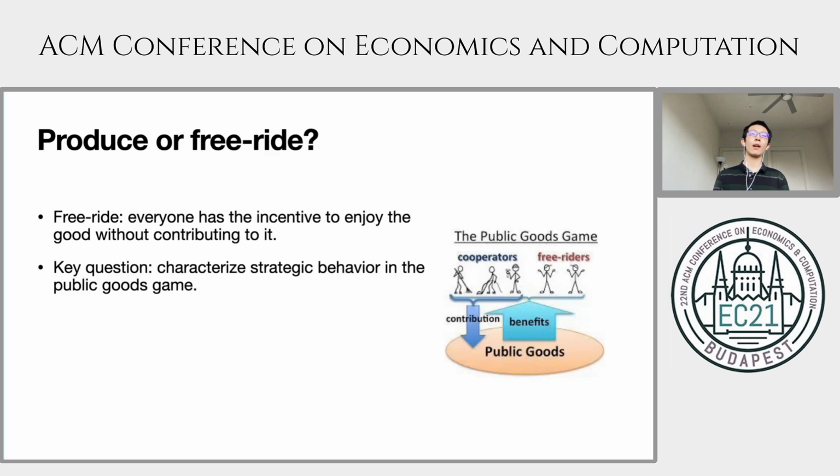Due to the non-excludable property, everyone has the incentive to free ride. That is, everyone wants to enjoy the good without contributing to it. So a key question is to characterize the strategic behavior and predict which player will choose to produce and which player will choose to free ride and benefit from others' contribution.